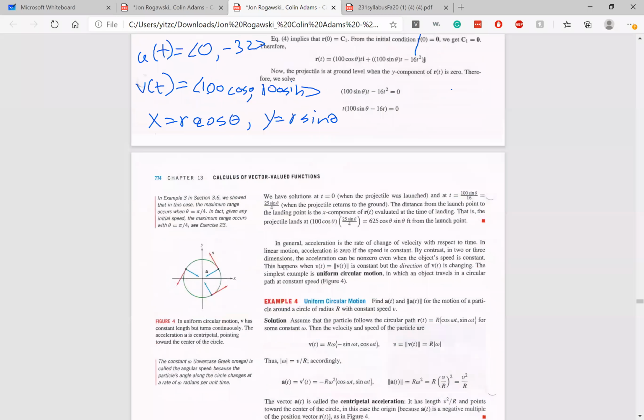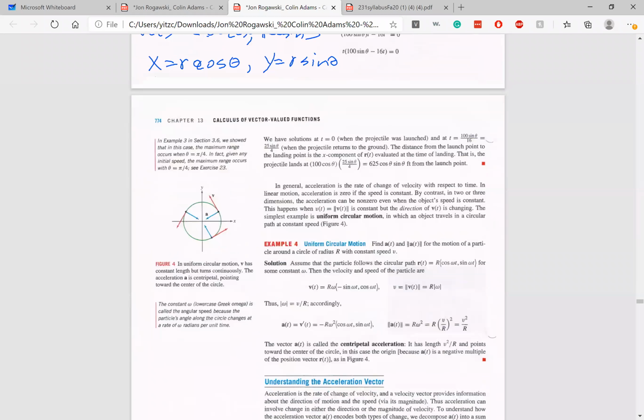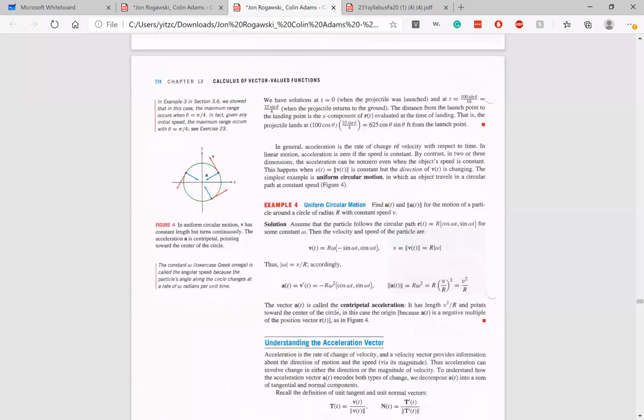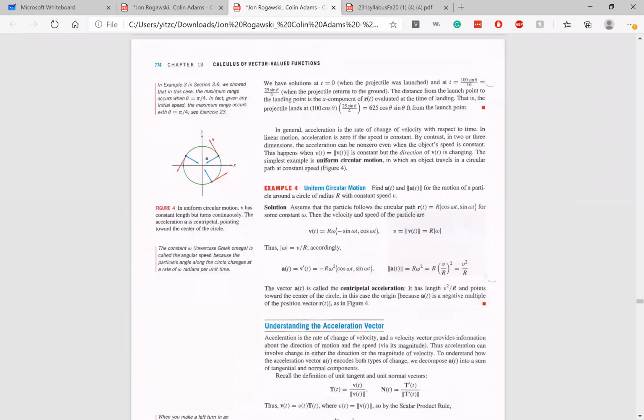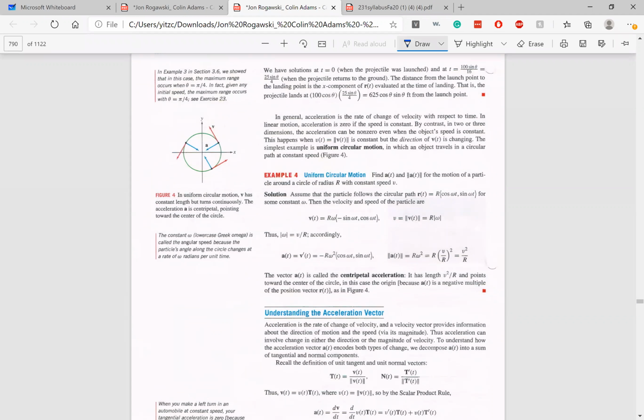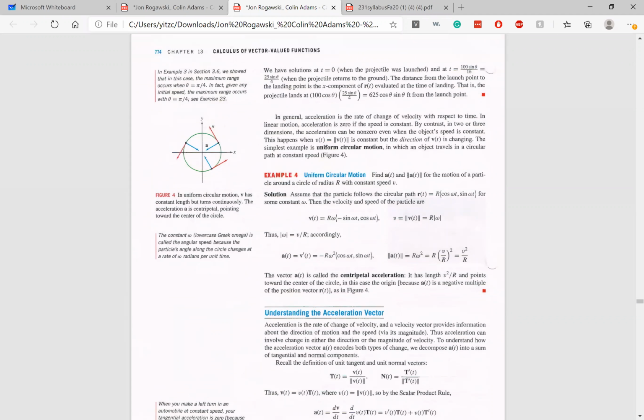Okay, so let's continue. Now we want to move on to another important shape for which we can discuss velocity, acceleration, and position. If a particle is moving on this circle, we want to find the acceleration for the motion of the particle around the circle with radius r and constant speed v. In order to do this, we just need to know what the equation of this circle is going to be.